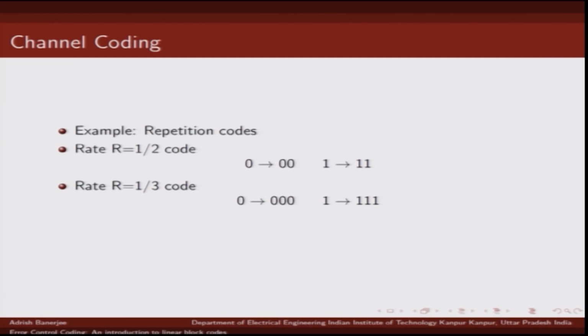So, you can see that in the rate 1/2 case, we are adding one additional redundant bit, and in the case of the rate 1/3 code, we are adding two additional redundant bits. Now, how we are going to make use of these redundant bits for error correction and error detection will be explained in the next slide.